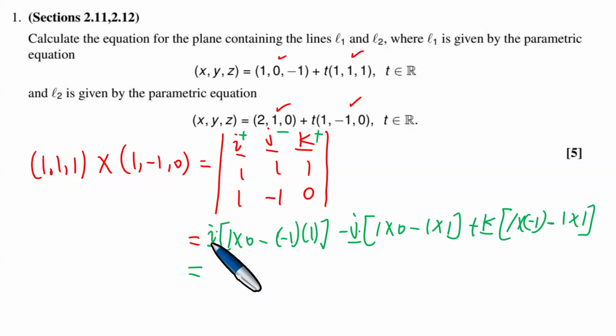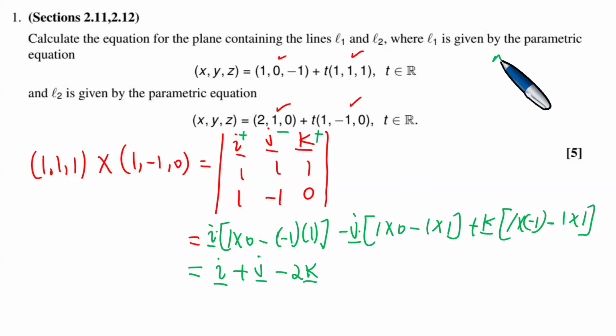Multiplied with i, it gives us the unit vector i. 1 by 0 is 0, this is minus 1, and minus 1 times j gives us plus j. Minus 1, minus 1 is minus 2, and this gives us minus 2 times the unit vector k.